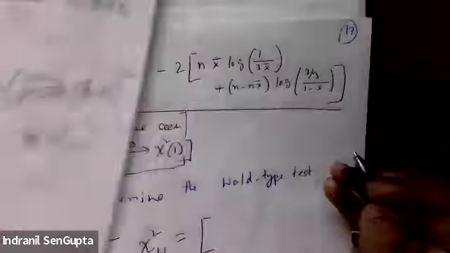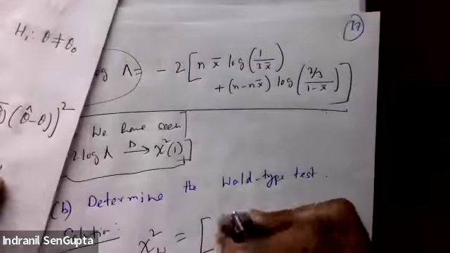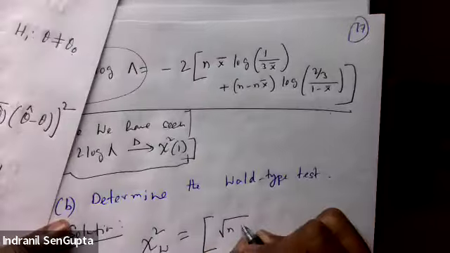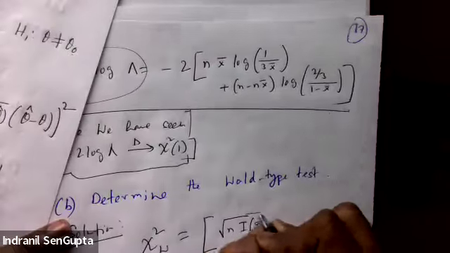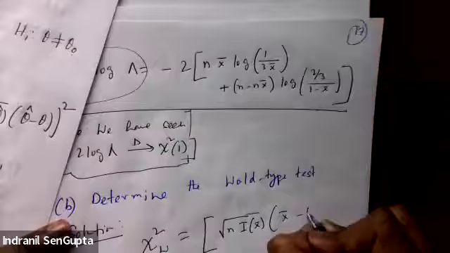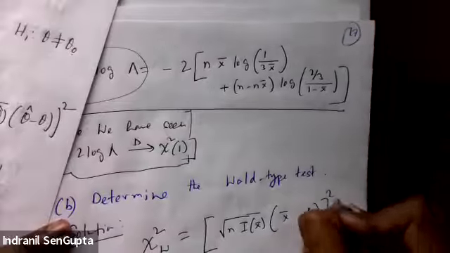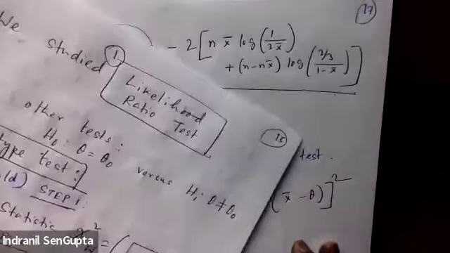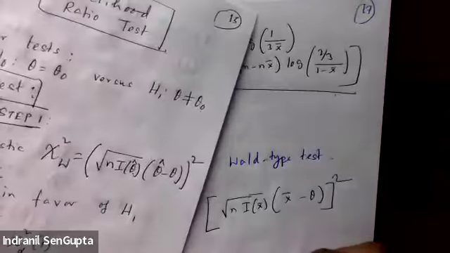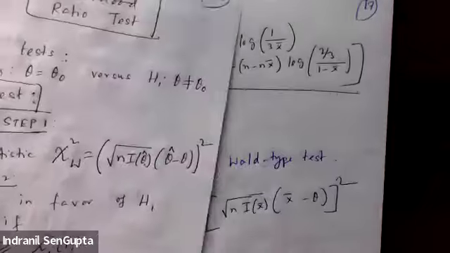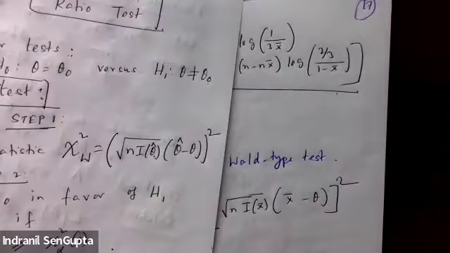So it's essentially square root of n I of x bar times x bar minus theta, squared, right? And under the null hypothesis, we are trying to test this.